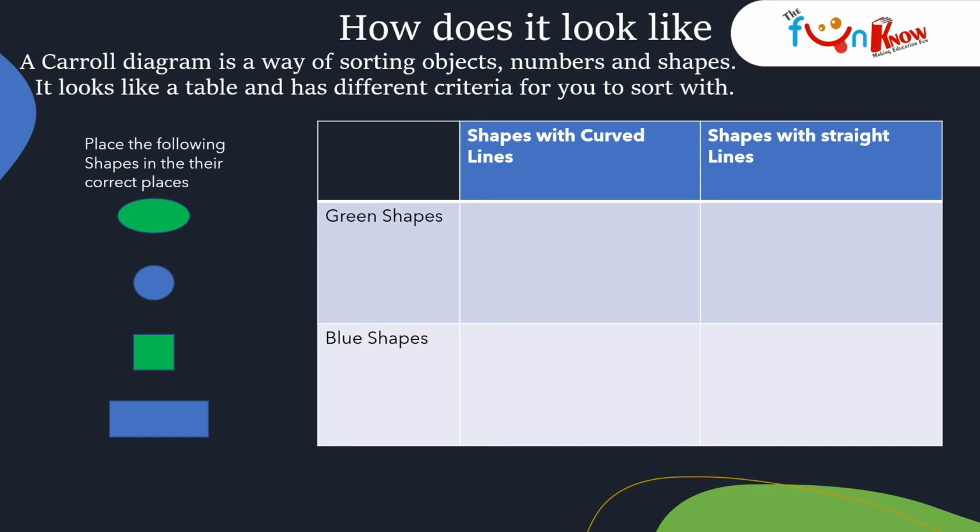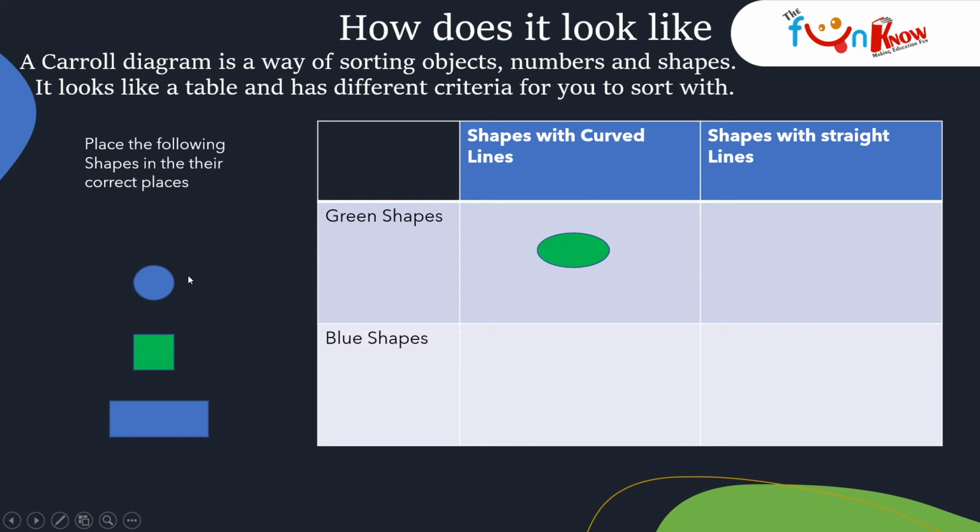Yes, it has green color. Very good, students. Excellent. So now we will place this shape over where? We will place this shape over here, inside curved line and green color. Yes, perfect.